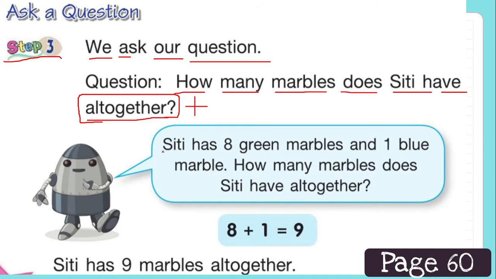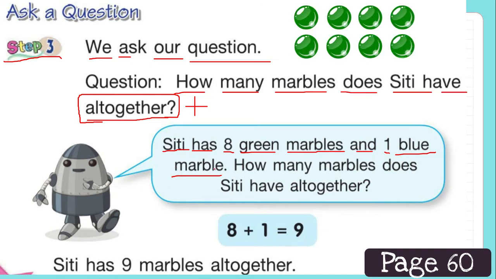City has 8 green marbles and 1 blue marble. How many marbles does City have altogether? City has 9 marbles altogether. You're going to add 8 plus 1 equals 9. So you're going to write this 9 here. All in all, City has 9 marbles altogether. There you go.